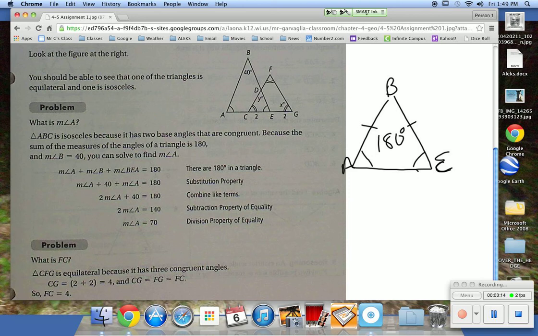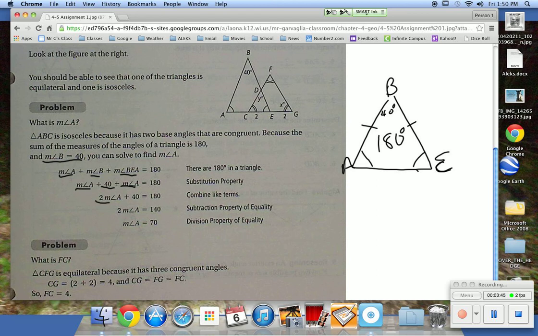We know that because it's an isosceles triangle, this angle E down here equals angle A. So instead of putting A, B, and BEA, or angle E, we can say angle A plus 40, because that's what we know that angle B is. This is 40 degrees up here. Plus angle A, because these are the same angles, the same equal measurements.